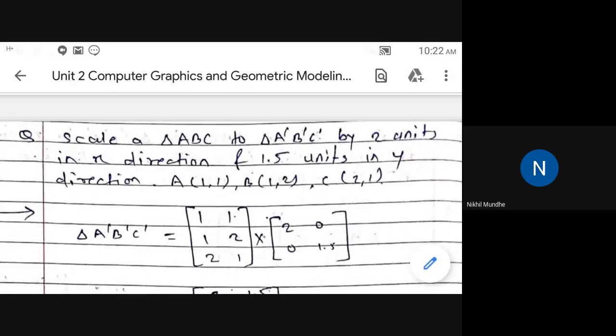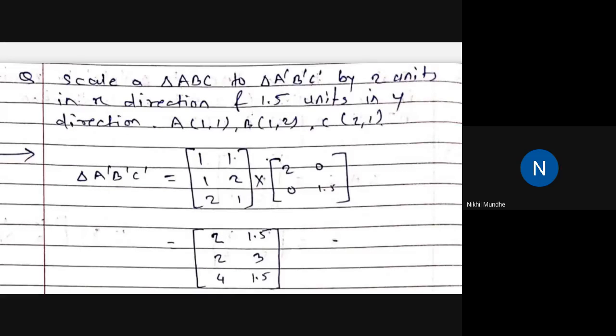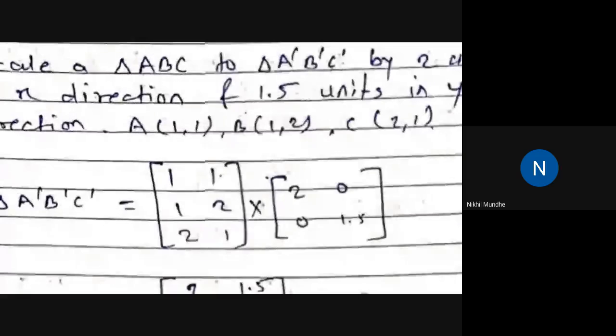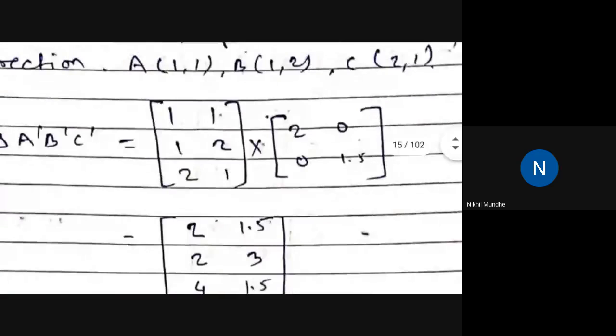For the last 2 years, we have been studying this type of matrix in mathematics. So this is the answer. Those who have completed the multiplication, check your answer here: [2 1.5; 2 2; 3 4; 1.5].